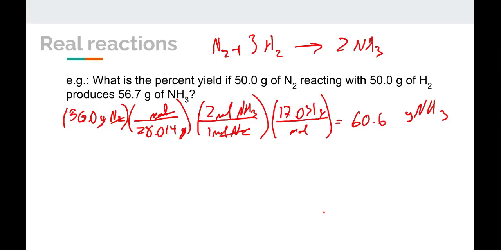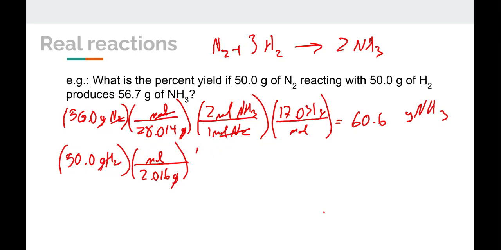Now that's if N2 is the limiting reactant. Now let's assume that hydrogen is the limiting reactant. So 50 grams of H2, hydrogen. The molar mass of hydrogen is 2.016 grams per mole. So that's moles of hydrogen. We know from the balanced chemical equation that 3 moles of hydrogen produce 2 moles of NH3.